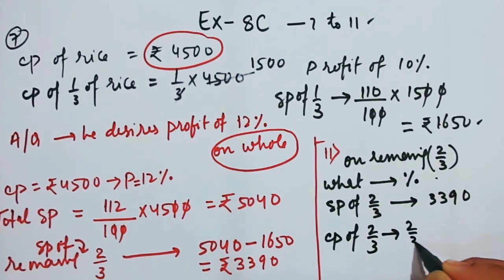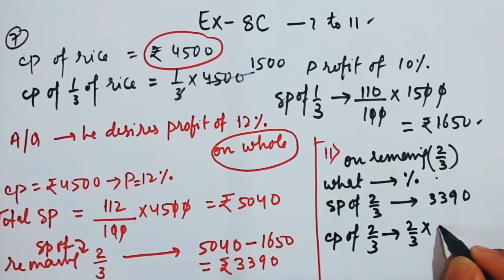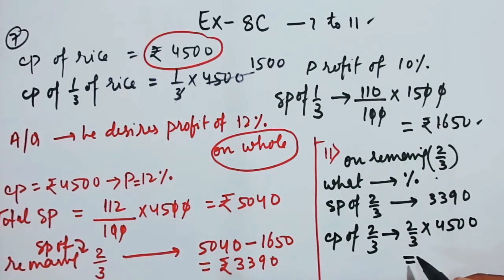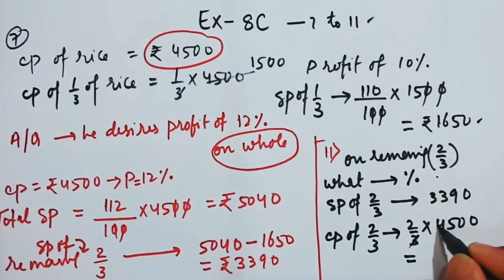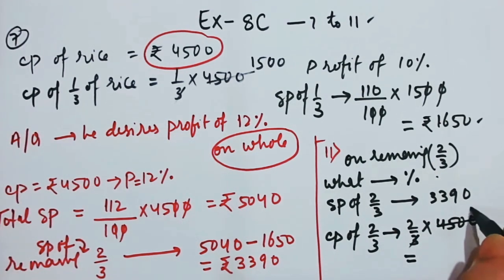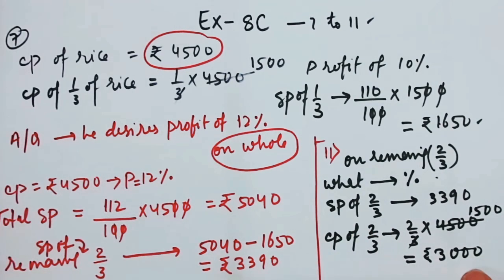It will be 2/3 into 4500. On cancellation, 3 into 1500, so 3000. Yes, so the cost price of 2/3 is equal to 3000.